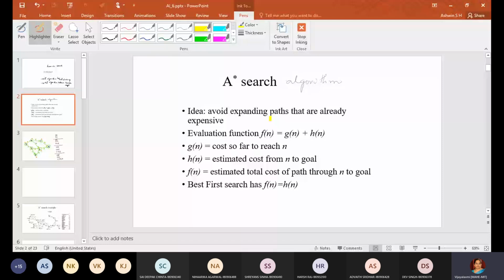Ma'am, the slides are not visible. You can't see the slide now? Yes, ma'am, all of us can't see. Okay, 1 second, just give me 2 minutes.